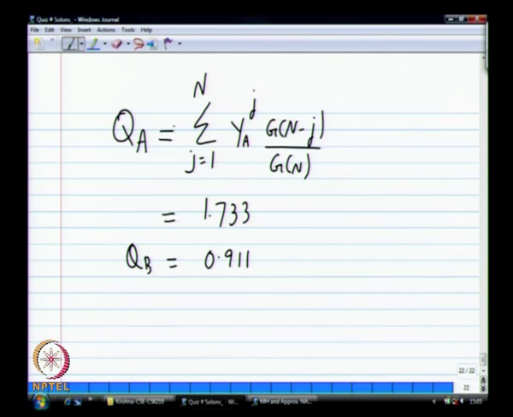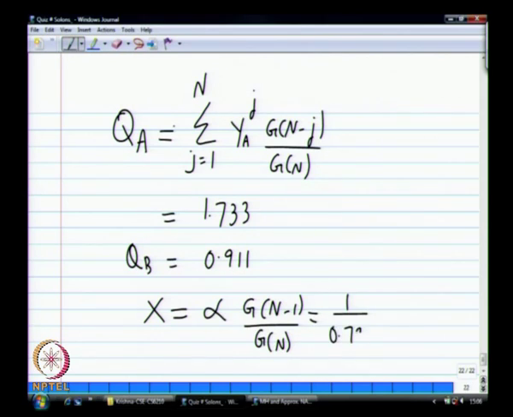So after that this is fairly straightforward. If I give you a system and tell you to compute these exact values, it's not a big deal at all. So what is x now? Alpha into alpha was 0.78.